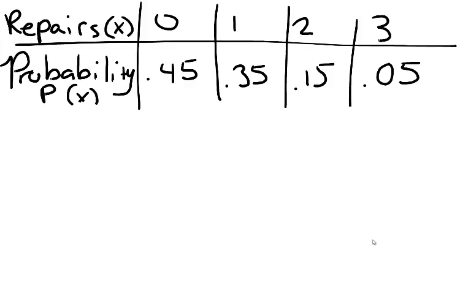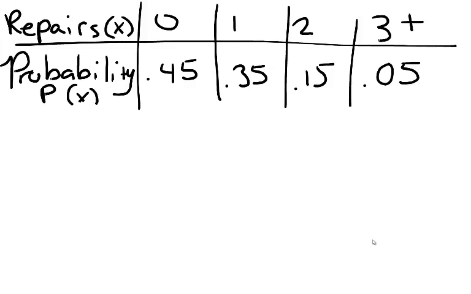The probability that the product needs 2 repairs is 15%. And the probability that the product needs 3, or let's say 3 or more repairs, is 5%. Using this information, let's calculate the expected value. Keep in mind that the number of repairs, x, represents our random variable, and P of x represents the probability associated with each random variable.